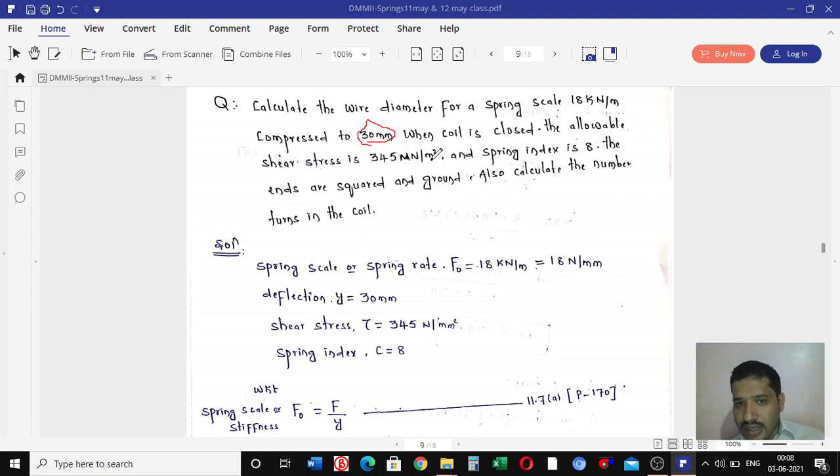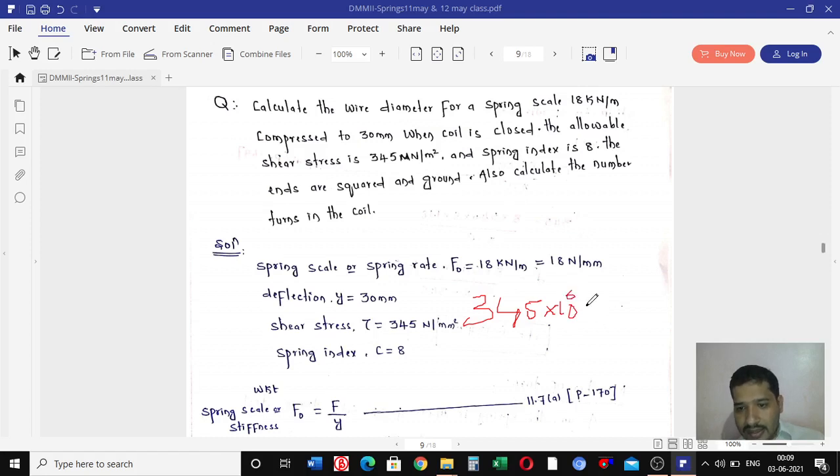Newton as it is, and 1 meter equal to how much dear? I will present it here. This is 345, mega means 10 power of 6, is it right?